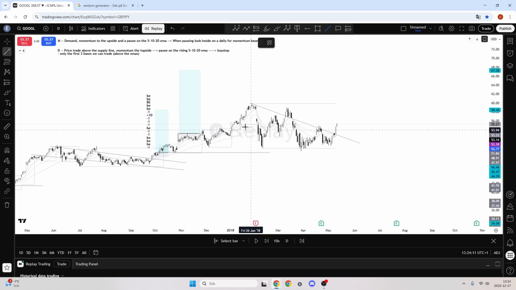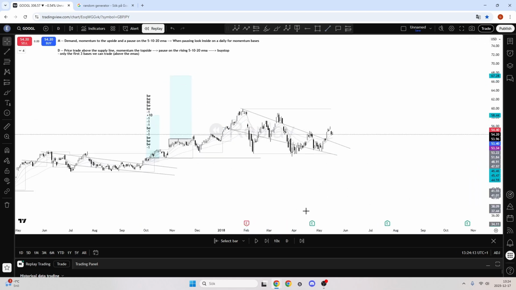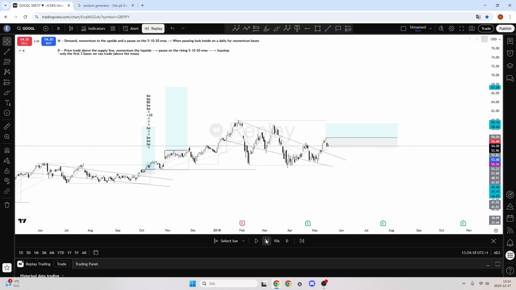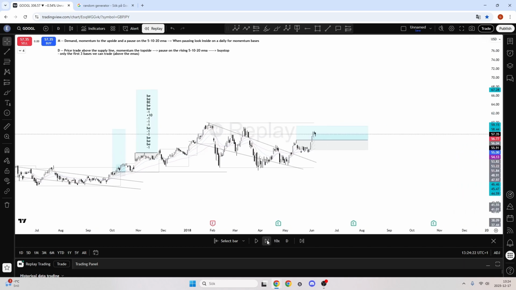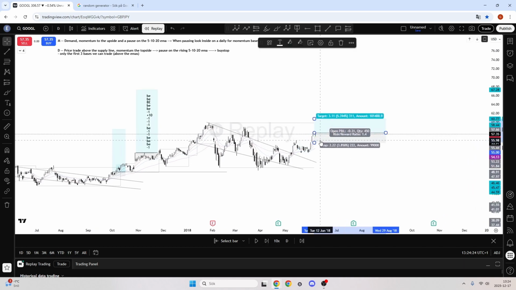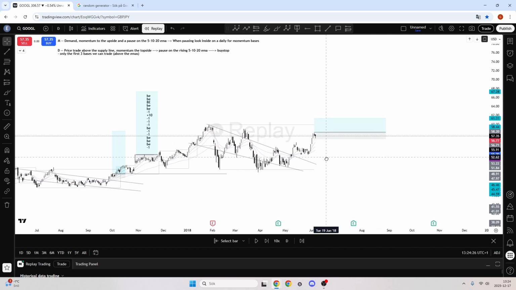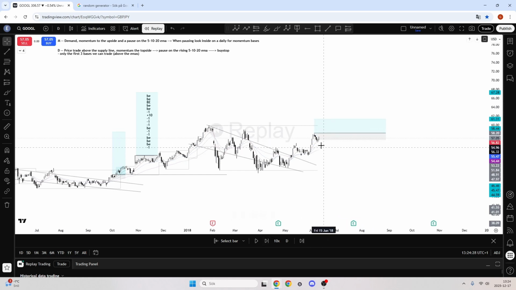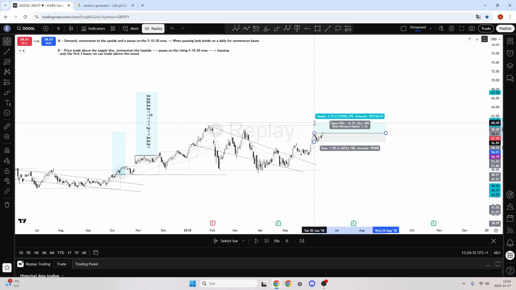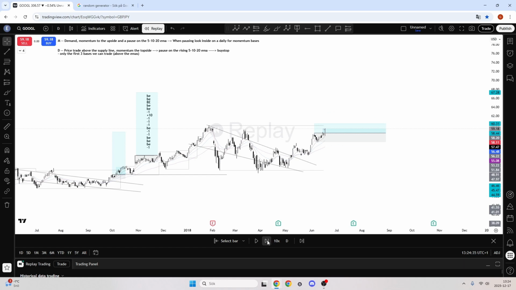You have your supply line, just like that. You have your pause. I would not take this trade, I will take this though, if it sets up. I think this is valid still. Taps us in and taps us out.